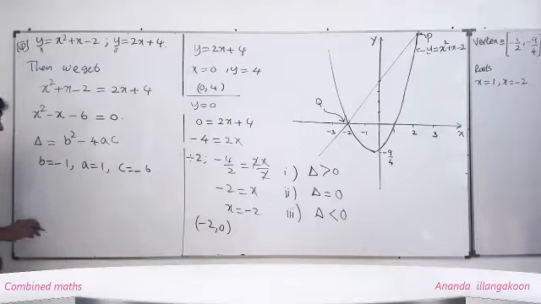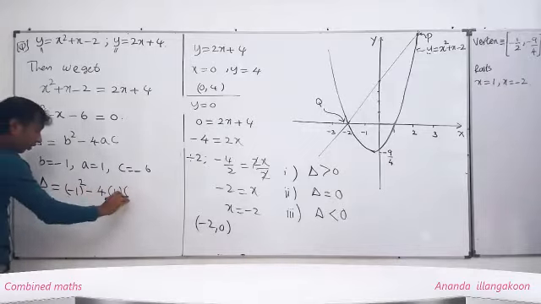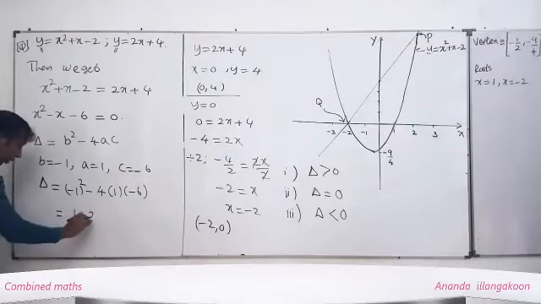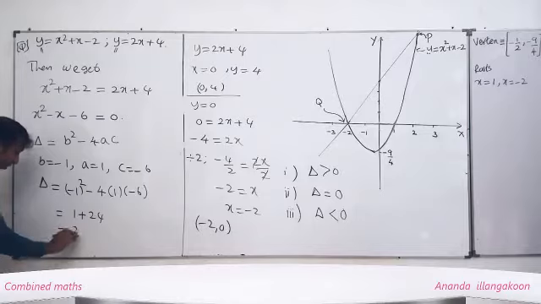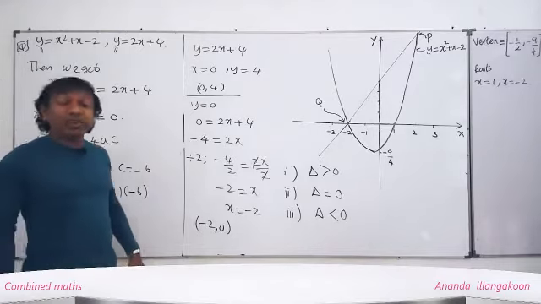In this case, subject to the a, b, c values, when we find delta, you can see b squared means minus 1 squared, that is 1, minus 4 times 1 times minus 6, that is plus 24. You can get that. Delta means 25.